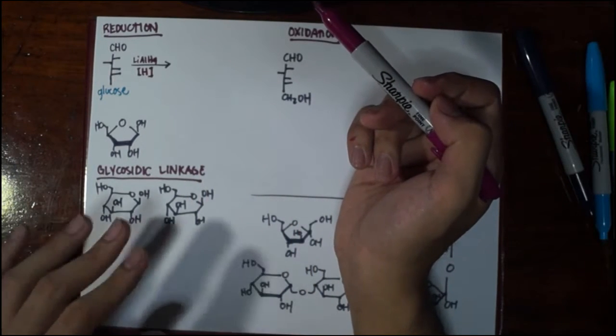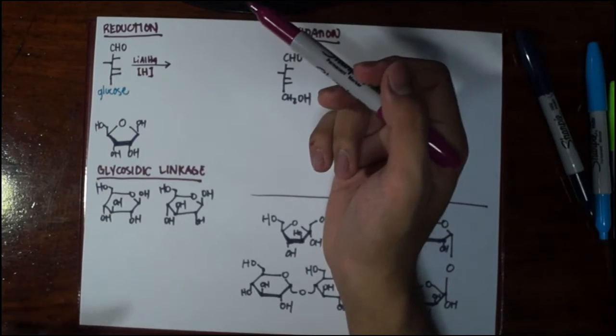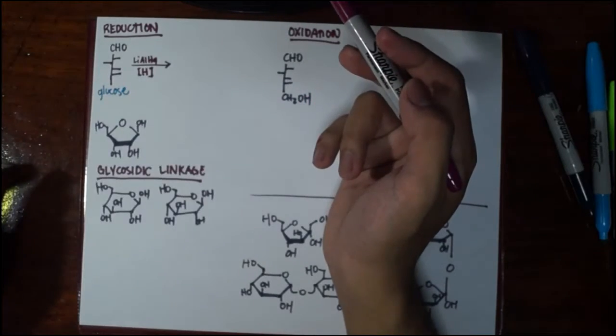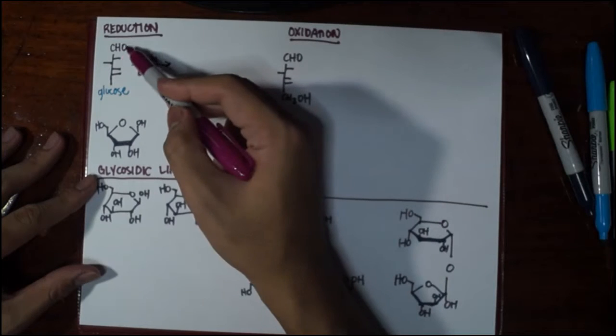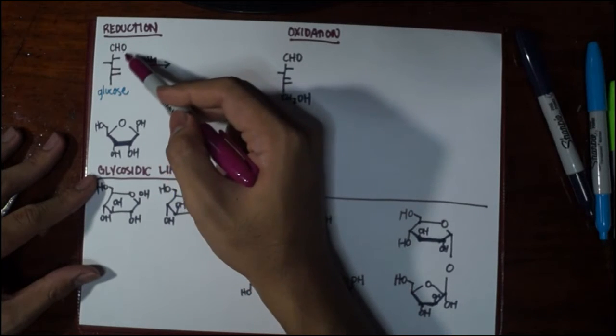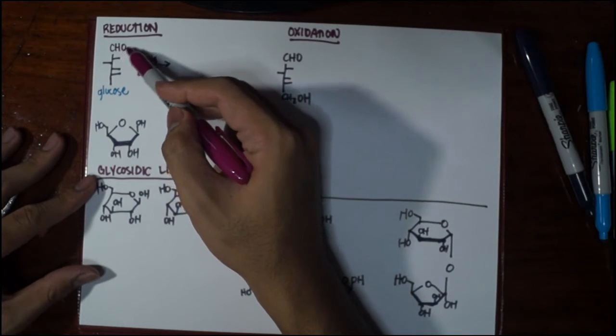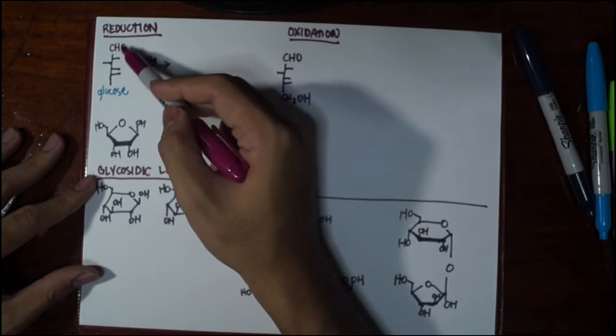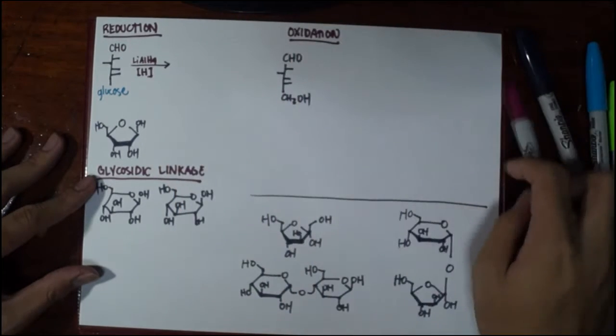Because what's the point of reducing something which is more reduced than another functional group? So you want to target the more oxidized part. And between hydroxyl and formyl, of course, what we're going to target is the formyl group. It's the more oxidized portion.